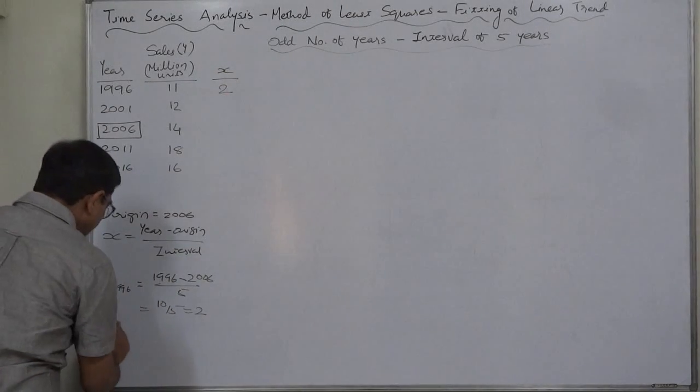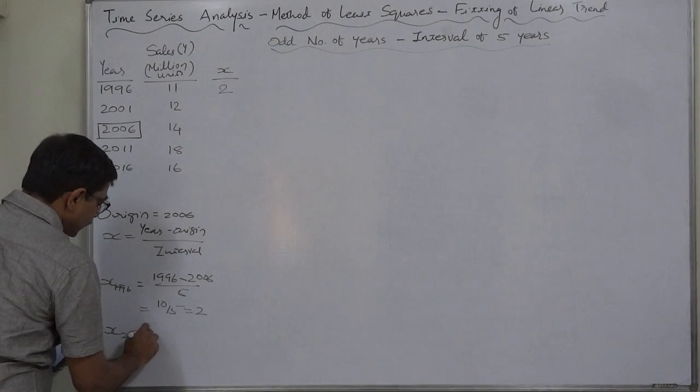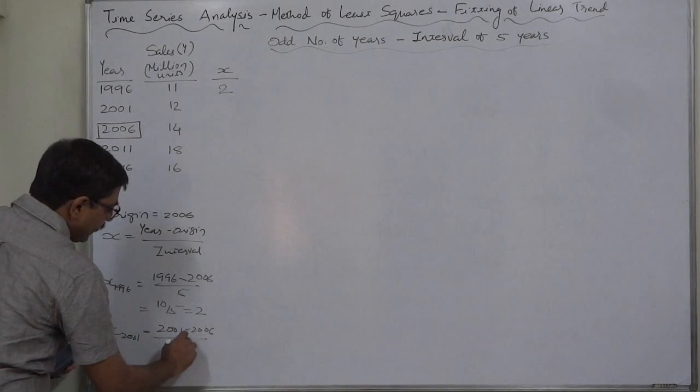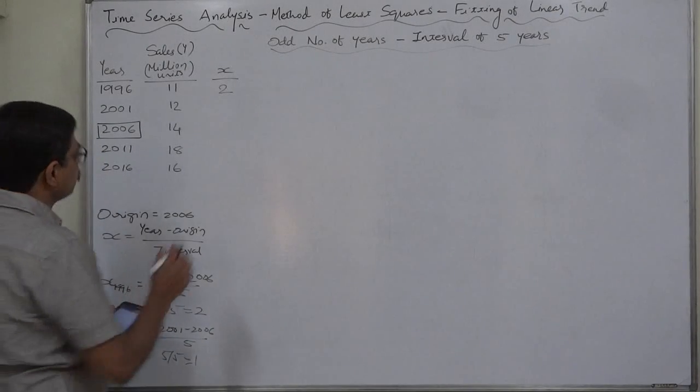Similarly, for the year 2001, it will be 2001 minus 2006, the origin, divided by interval of 5, that is minus 5 by 5 is equal to minus 1, and so on.